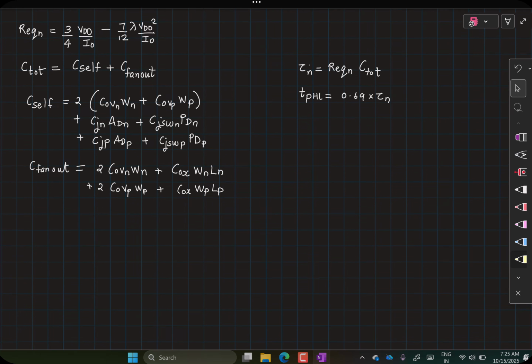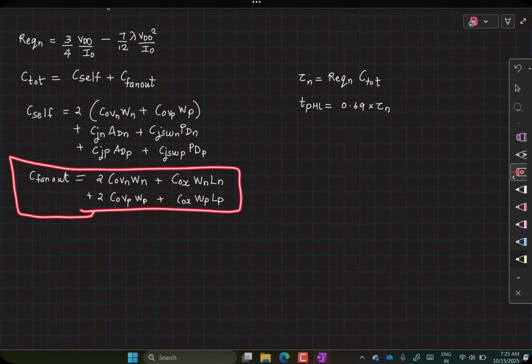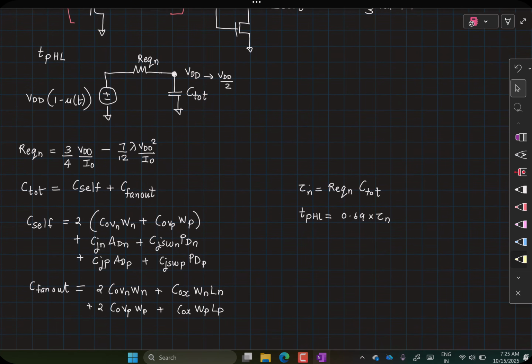But because we are making this approximation and using COX WP LP here, and assuming that the same approximation is being done for the rising edge, the value of your C fan out for now remains the same between the two polarities, right?